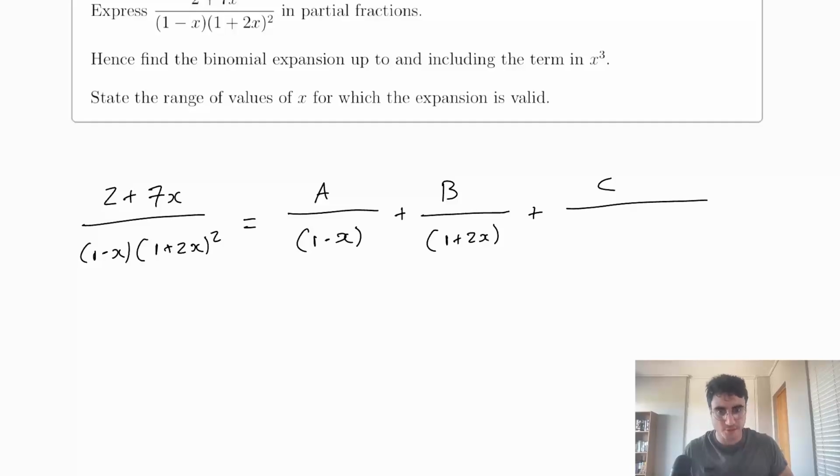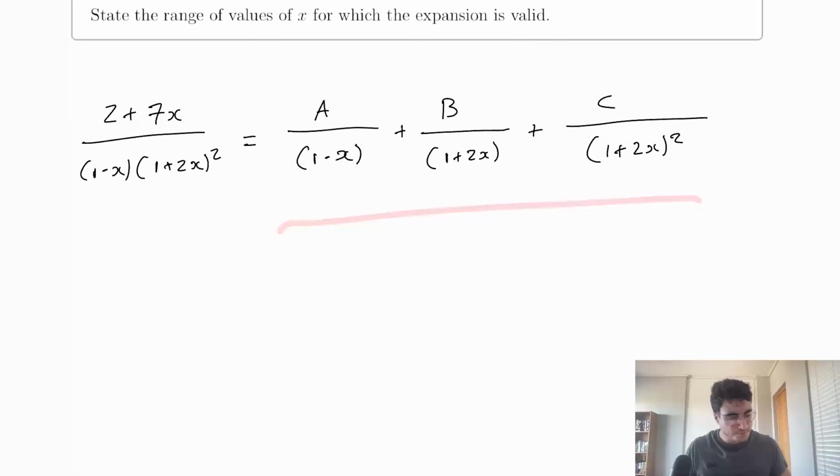And we're going to have C, okay, over 1 plus 2x squared. Now why do we have that? We have that because this here is a repeated factor. Okay, we have to repeat it because it's squared. And again, that's just demonstrating that these minor things from other topics can come to bite you if you don't understand them properly. Okay, so we got that here.